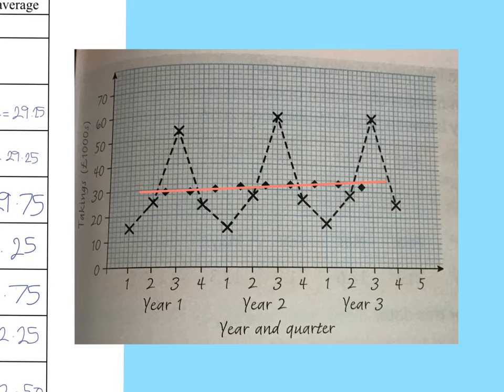Okay, and from my trend line I can see a couple of things. I can see a slight increase over the years, but I can also notice clear things like the third quarter is always way above the trend line. It helps you see seasonal variation really easily, and you can see which ones are always below the trend line.